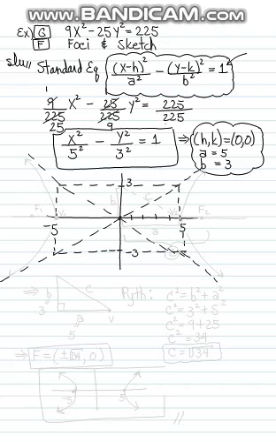So it's going to be passing through the negative 5 and the positive 5, and it's going to be asymptotic to the asymptotes, extending along the x-axis.